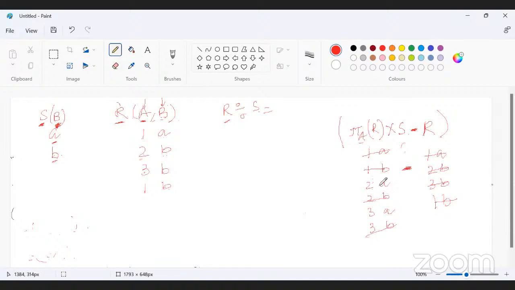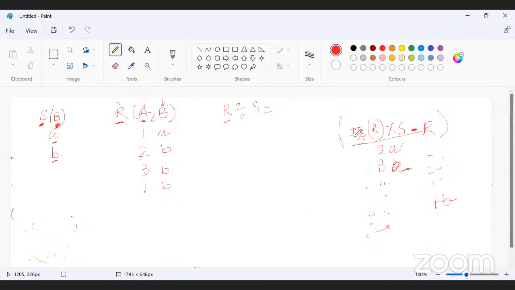Then the final output will be 2A and 3A, right? Yeah. Now let me erase this. After this, we get 2A and 3A. The output of this whole expression is 2A and 3A, right? Correct.